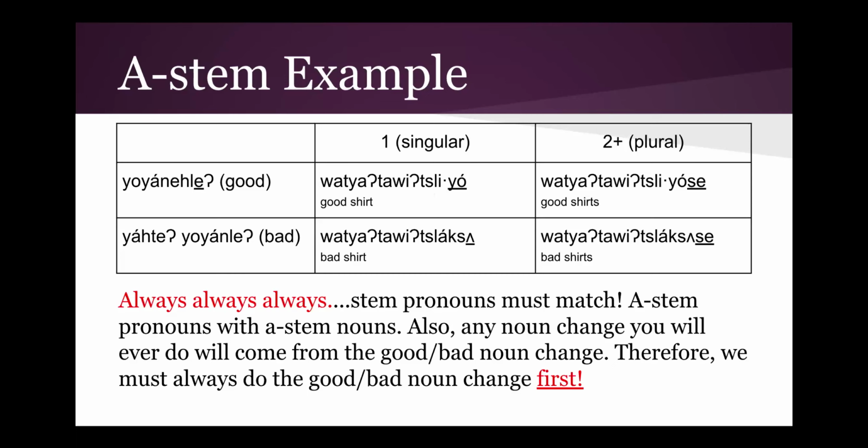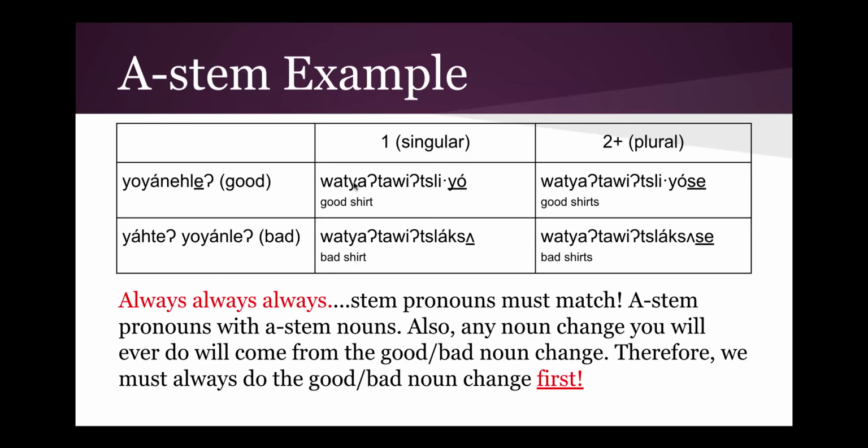Basically, it's going to make the sound slee. So when you add that and then you add this pronoun for it, wadya dawit slee, wadya dawit sleo is what you come up with. And it means it's a nice shirt or it's a good shirt.